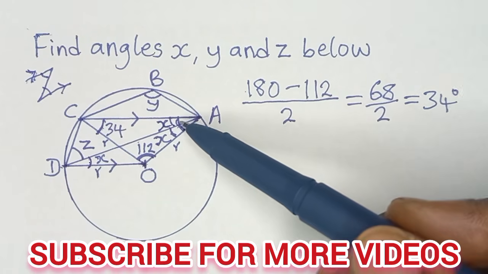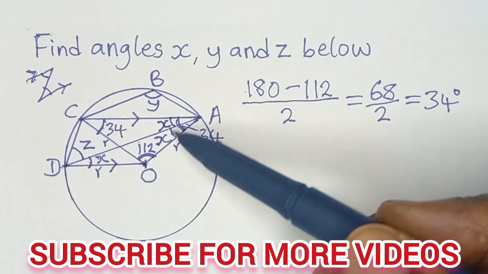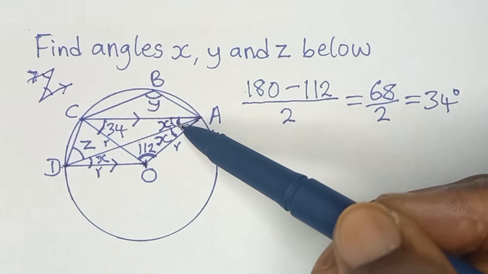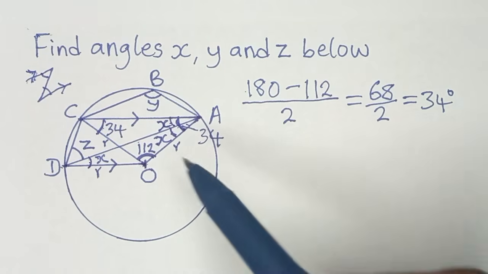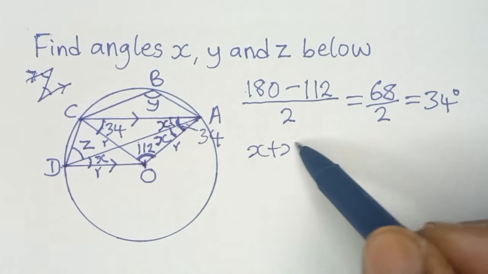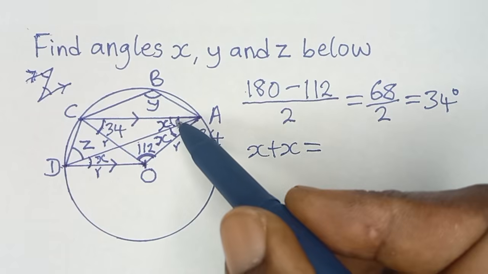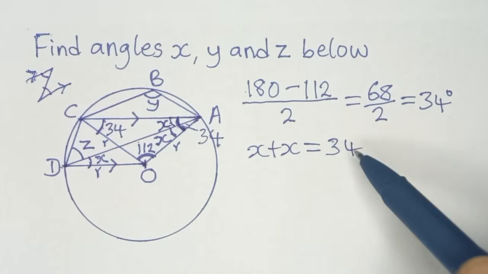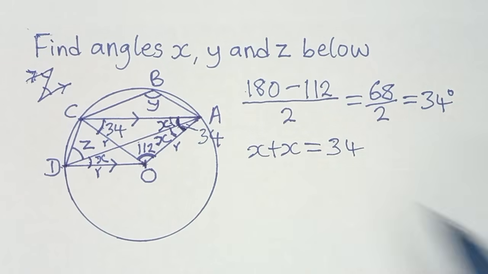Then now you agree with me that the whole of this angle is now X plus X, which is 2X. And that angle is also 34 degrees. So X plus X is equal to the whole of the angle that we have obtained before as 34 degrees.